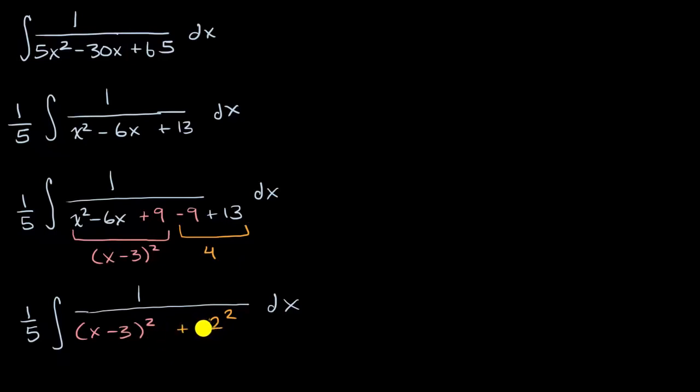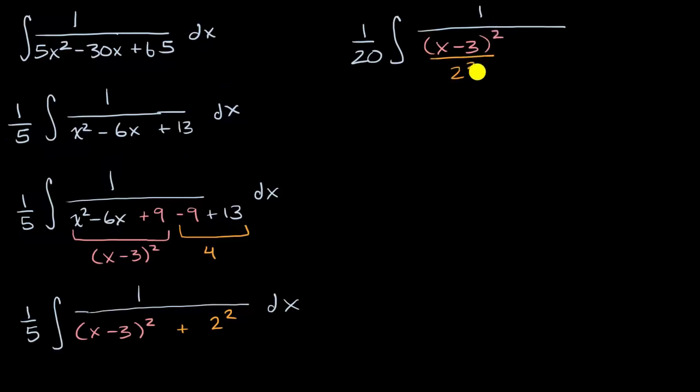So the first thing I'm going to do is factor a 4 out of the denominator here. If we do that, then this is going to become 1/5 times 1/4, which is 1/20, times the integral of 1 over x minus 3 squared over 2 squared, and then this is going to be a plus 1.